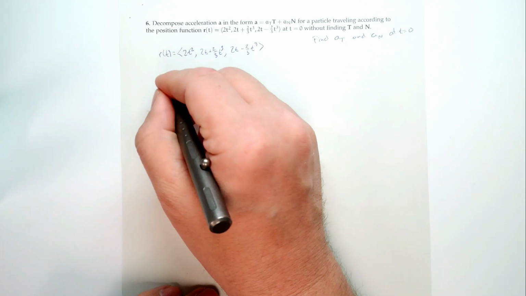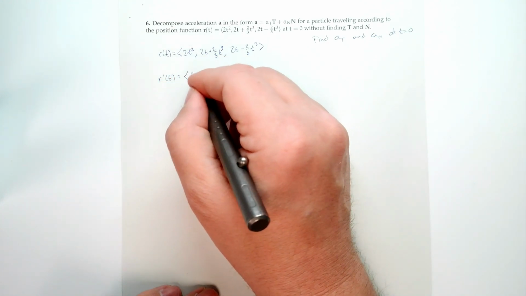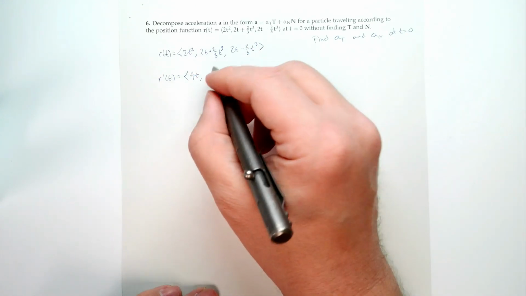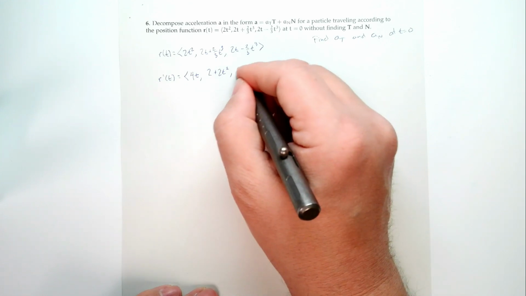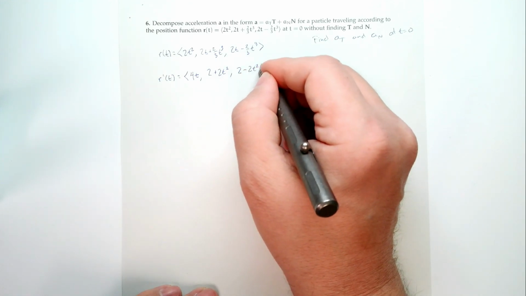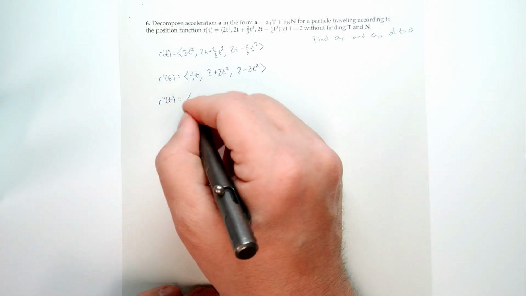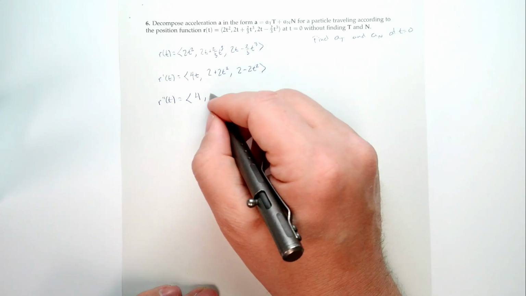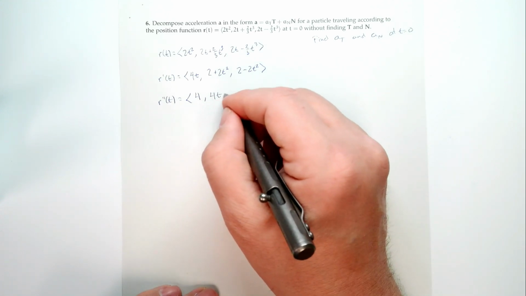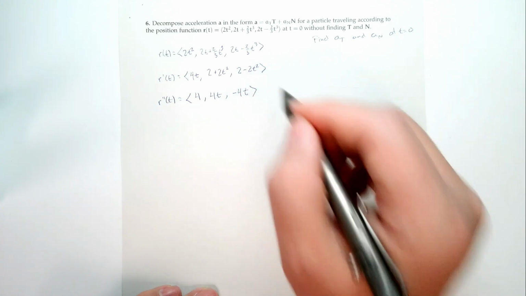We're going to look at r prime of t. So that would be 4t, comma, then 2 plus 2t squared, 2 minus 2t squared. Our r double prime of t would be 4, comma, and then 4t, comma, and minus 4t.